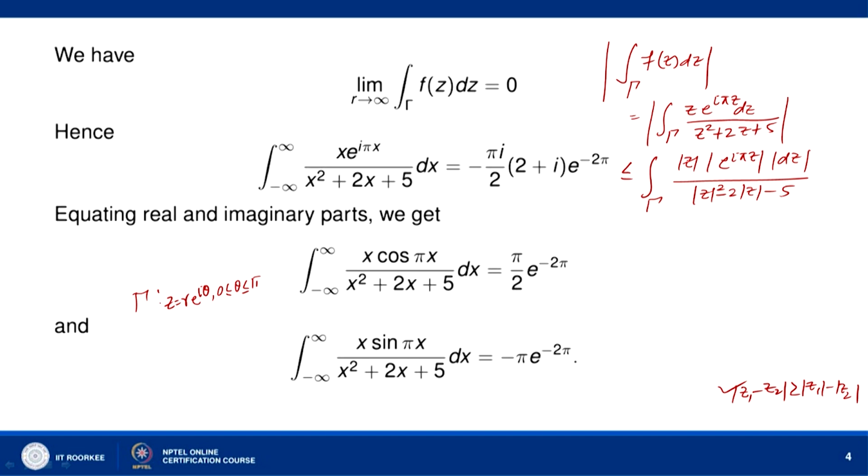Now, modulus of z we shall replace by r. dz is equal to r e to the power i theta into i d theta. So, modulus of dz will be equal to r d theta. And what is e to the power i pi z? Modulus of e to the power i pi z is equal to modulus of e to the power i pi, and then z is r cos theta plus i r sin theta.